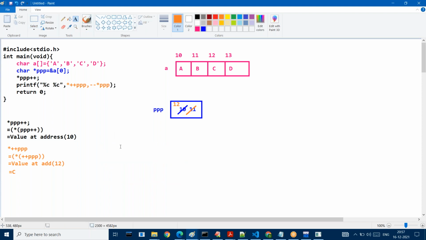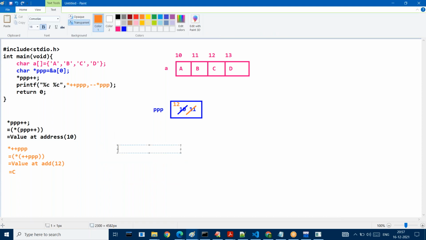Let me do it one more time. Minus minus star PPP. It is pre-decrement and indirection star, and this operator has associativity right to left.